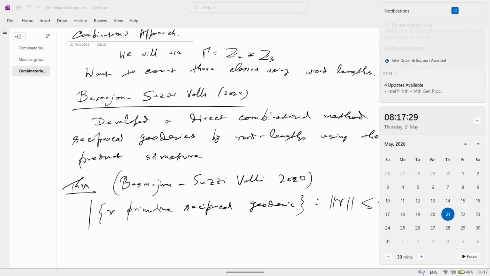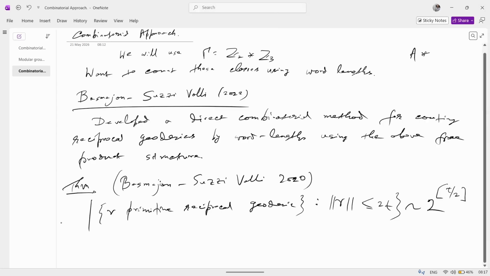This is true for any free product of two groups. So you take any two groups A and B and take a cyclically reduced word. In our case, A is generated by one element, B is generated by beta, so take A and B cyclic, then take the reduced form of a word. The number of generators in its reduced form, inverses allowed, is the length of the word. Okay?